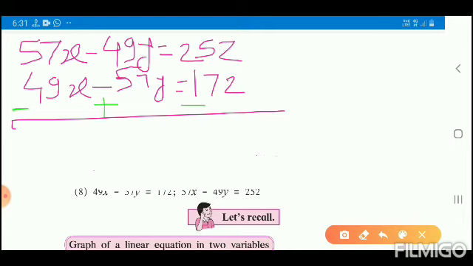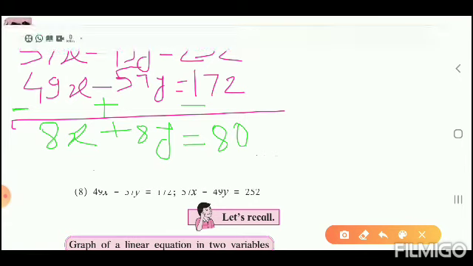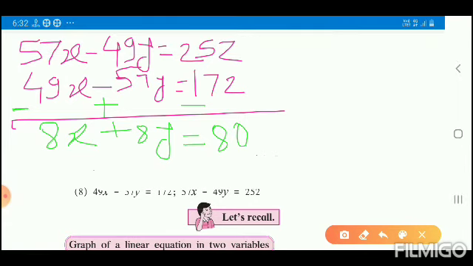So here 57 minus 49 means 8x, plus sign is here, so here plus 8y is equal to 80. Suppose you will subtract the equation 2 from equation 1, then what will you get? We will see that also.